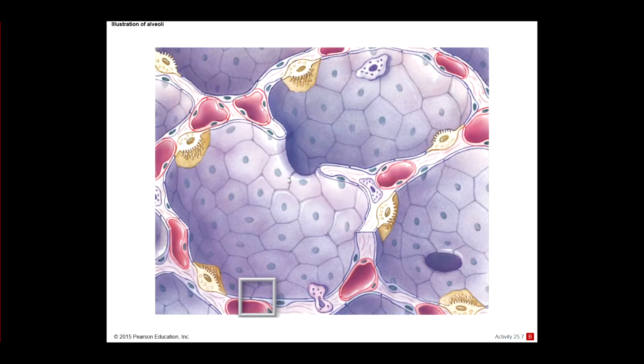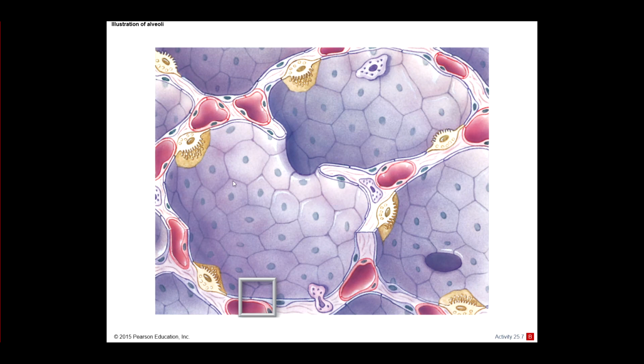Then interspersed, these cells, like right over here, are going to make a chemical known as surfactant. And the surfactant is basically an oily type of substance that prevents the walls of the air sac from sticking to one another when the alveoli collapse as we breathe out.